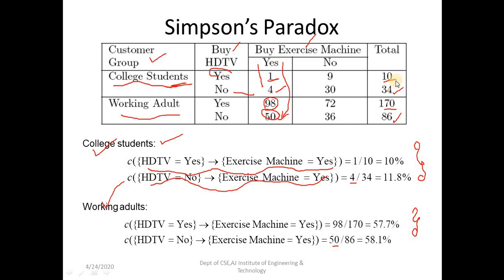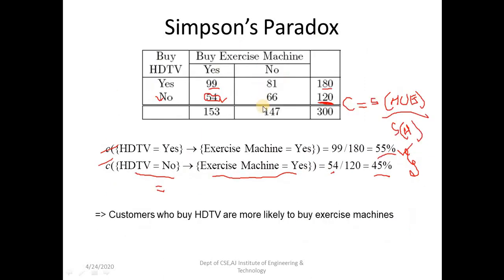Here I want to tell you about the row sum. This is a row sum of the college table.